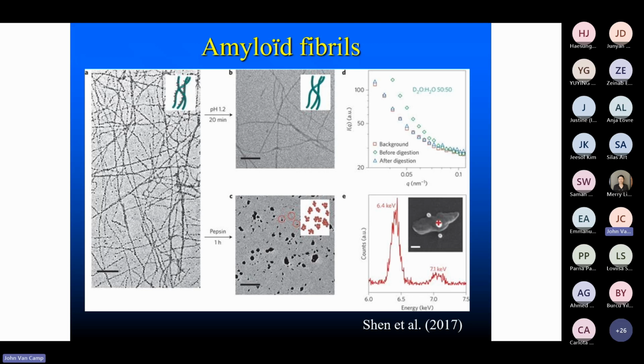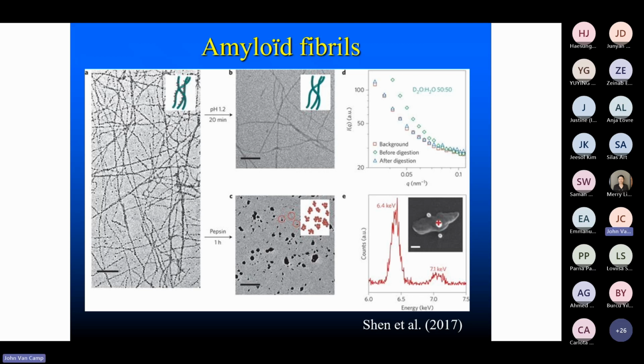The last figures on the right are the characterization of the iron, showing that it is physically present within the fibrils. During the transport through the stomach conditions, which is usually pepsin conditions and low pH, you can see that the iron is still physically there, attached to these amyloid fibrils.